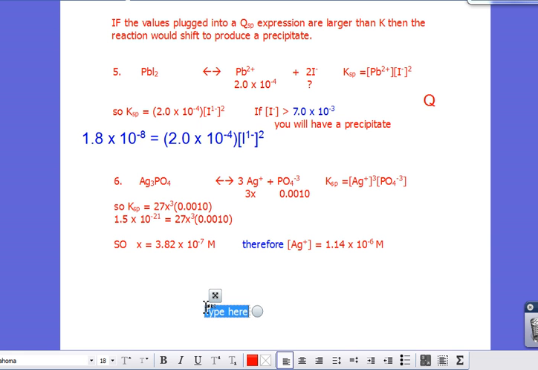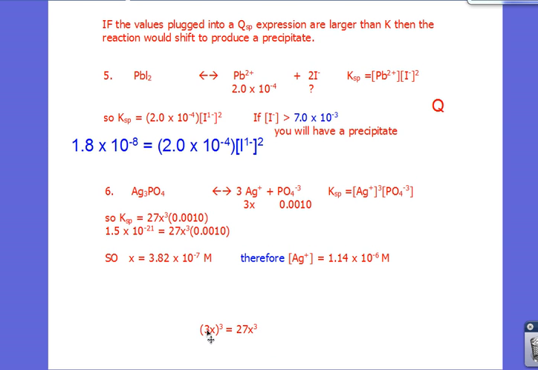So that would be a 3x to the third, which is equal to 27x to the third. We don't see that a great deal, if ever, in our world, but this 3x goes in over here. You have 3x squared.